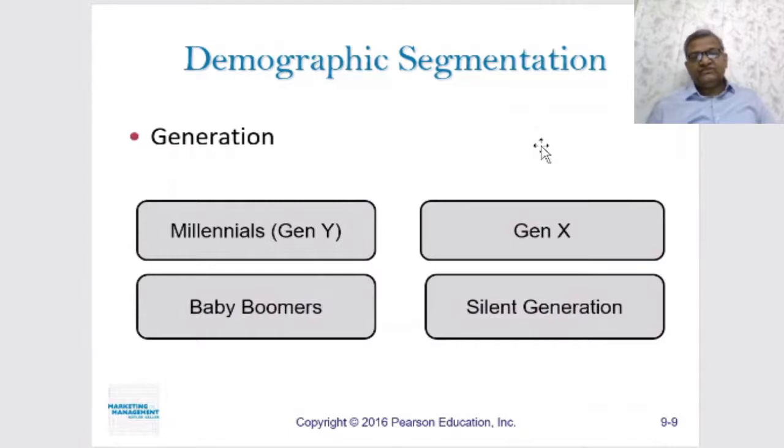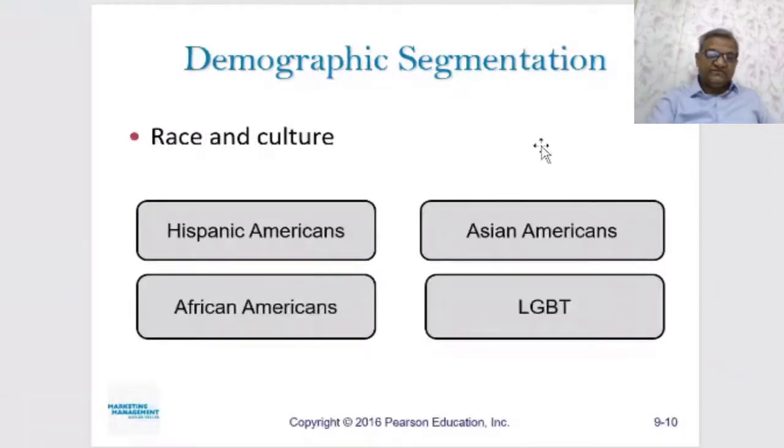When I'm talking about generation, we have been classified as Generation X or Generation Y, which is the millennials, or the baby boomers or the silent generation. Effectively, these are different generations that are segmented, and we've got different products for that. Then race and culture.